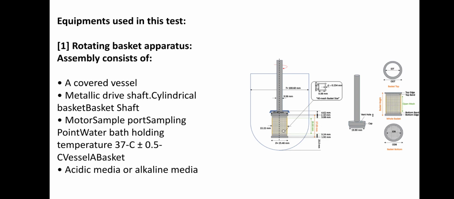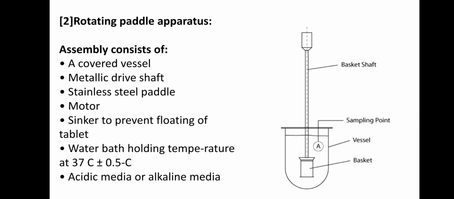Equipment used in this test: rotating basket apparatus. The assembly consists of a covered vessel, metallic drive shaft, cylindrical basket, motor, sample port, sampling point, water bath holding temperature at 37 degrees Celsius plus or minus 0.5 degrees Celsius, a basket, and acidic or alkaline media.